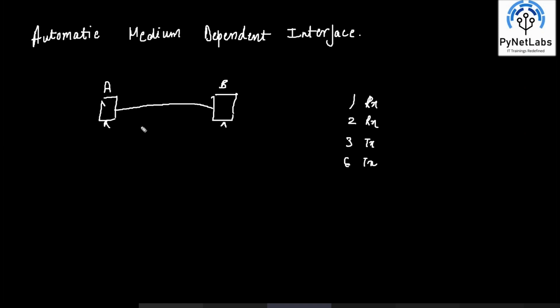But even if you connect them with a crossover cable or with a straight through cable, the communication will be possible. Why? Because of auto MDIX. Yes, the rest of the four pins are for voltage management. You are correct. I hope this is clear now and the use of auto MDIX is clear now.